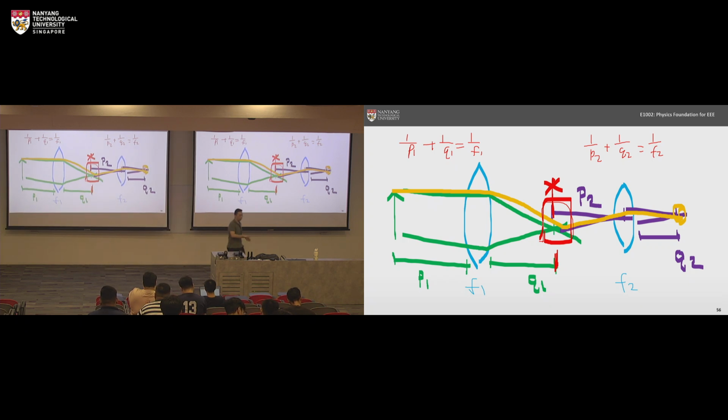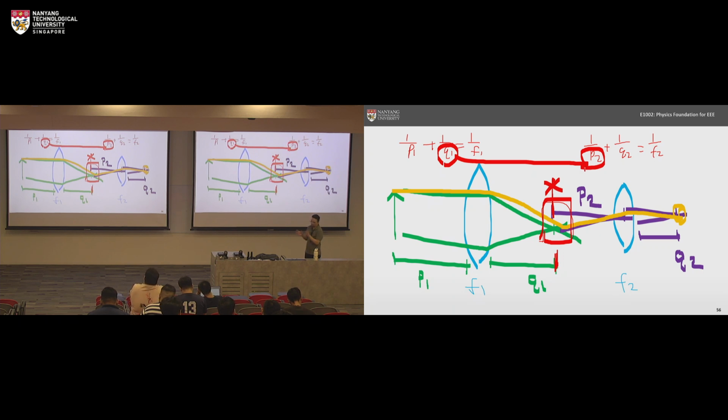Your first image, Q1, will therefore become your new object, which is your second object. So when you calculate this Q1, you'll be able to link it with P2. This is how the two systems are usually linked together.